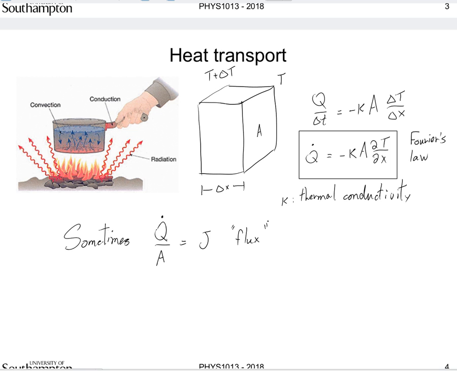A flux is an amount of quantity per unit time per unit area. Then you can define the flux, for instance, in the x direction, which is minus kappa times the gradient in x. And what's nice is that you can write it in 3 dimensions. The flux is actually a vector, and it's minus kappa times the gradient of T in 3 dimensions. So this is equivalent.